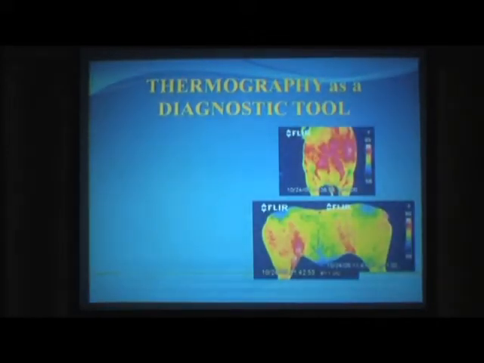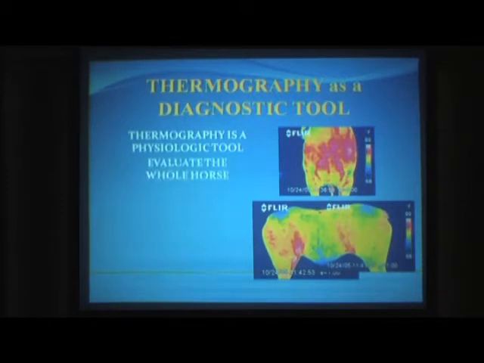You'll see there's a scale on the right-hand side of these pictures, which gives you the degrees and temperature, what the differences are. It goes from blue all the way up to white. You want the color to be more even. If you look at this thermograph as a physiological tool, you want to evaluate the whole horse, not just one particular area.